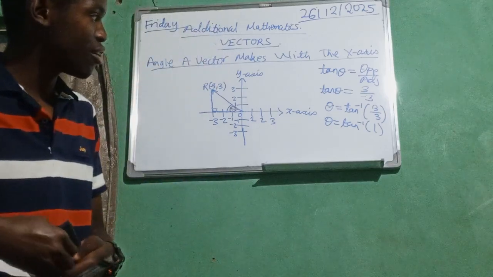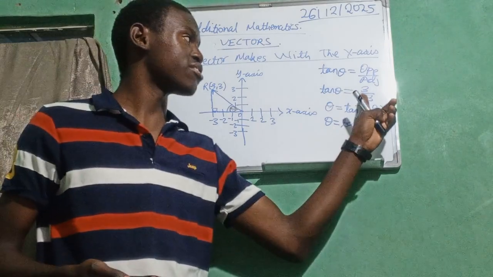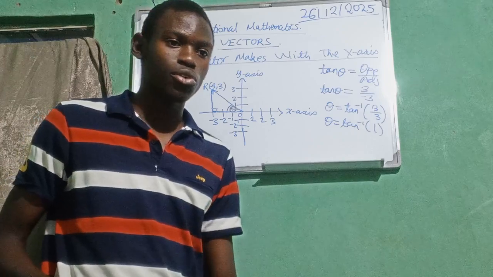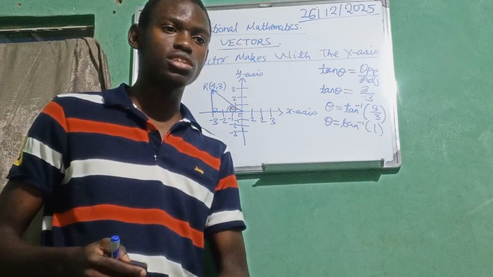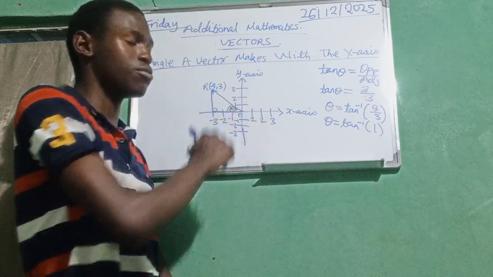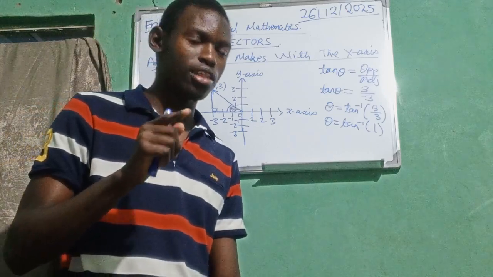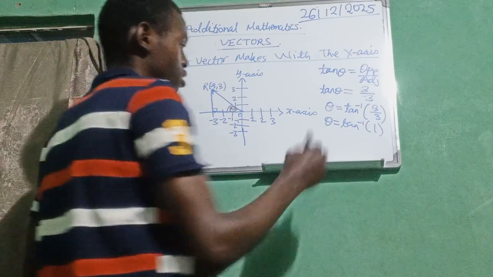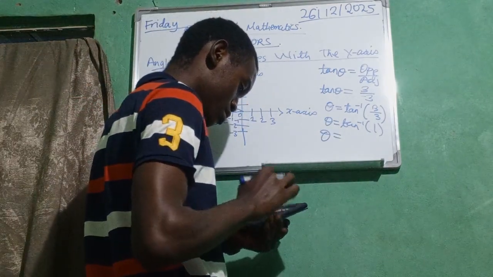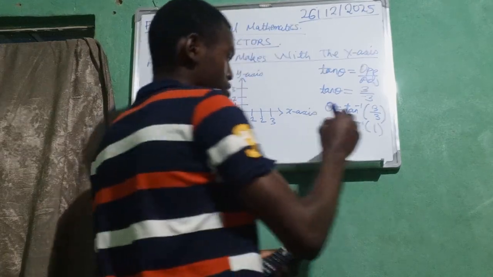Now in this case, we are ignoring this negative when finding the inverse, because this will be the associate acute angle found in the first quadrant, but since there's a negative, we'll consider it later. So theta is equal to tangent inverse of 1, 45 degrees.